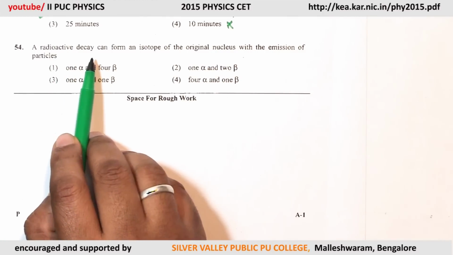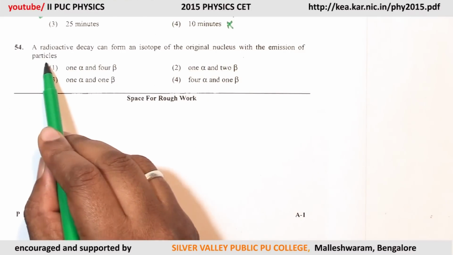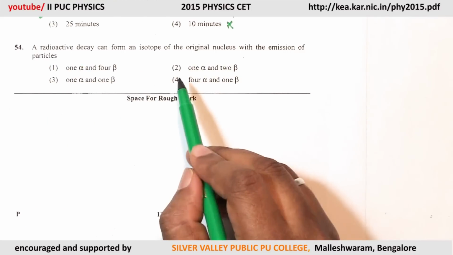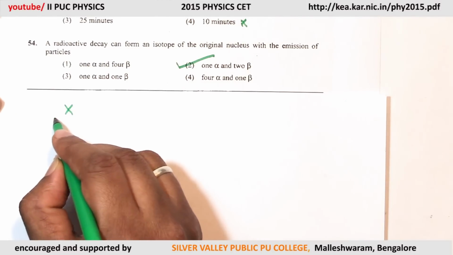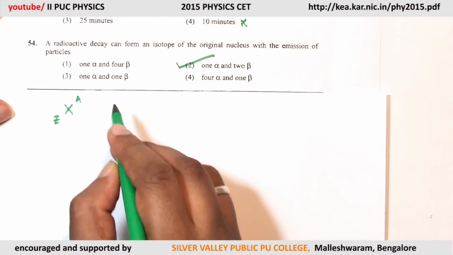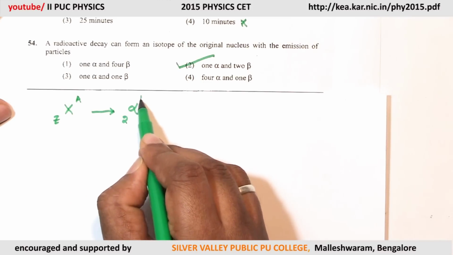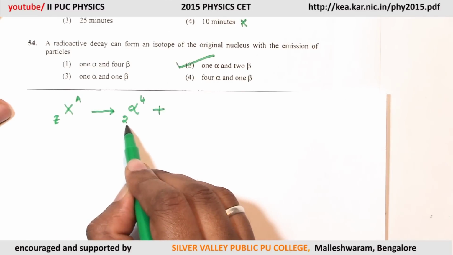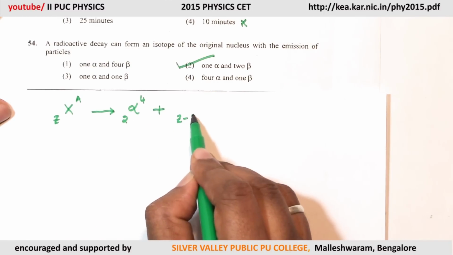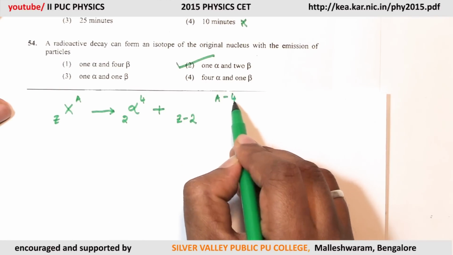A radioactive decay can form an isotope of its original nucleus with the emission of 1 alpha and 2 beta. Suppose ZXA is the element. If this emits an alpha particle which is 2He4, Z minus 2 and A minus 4.